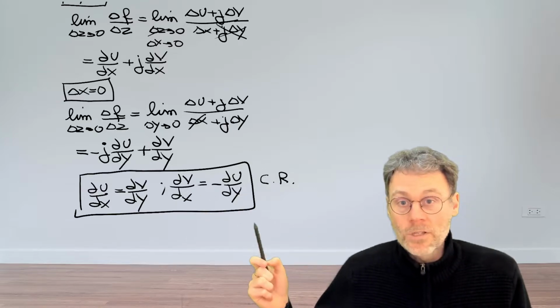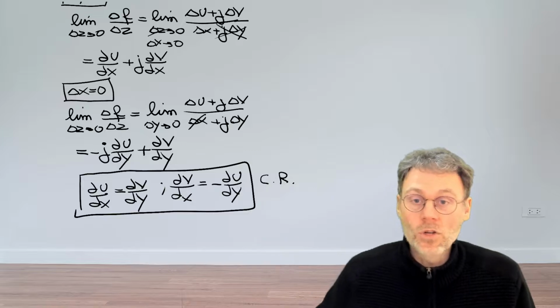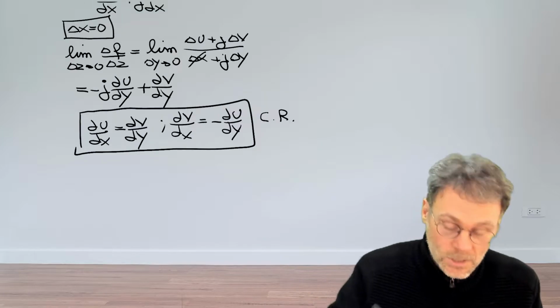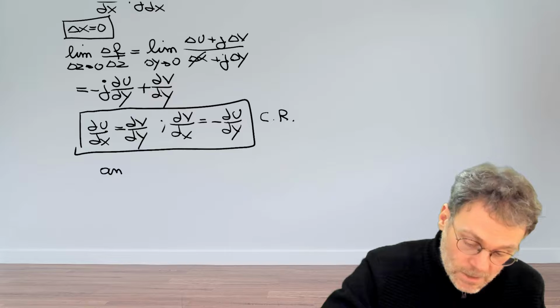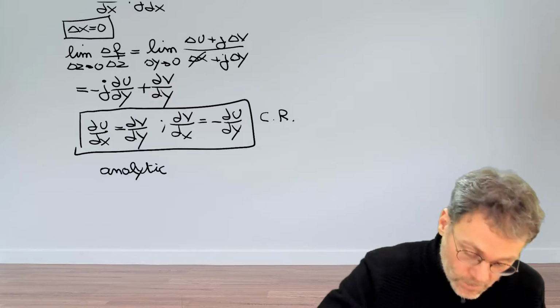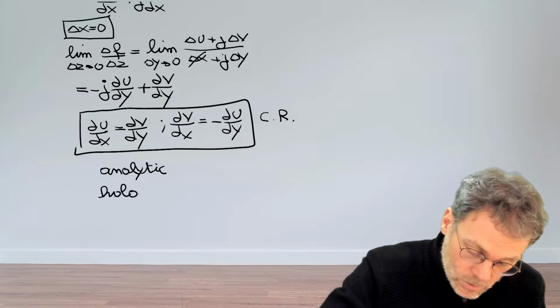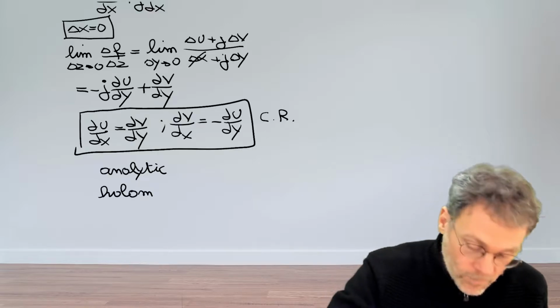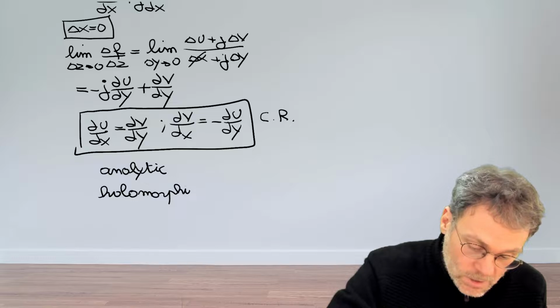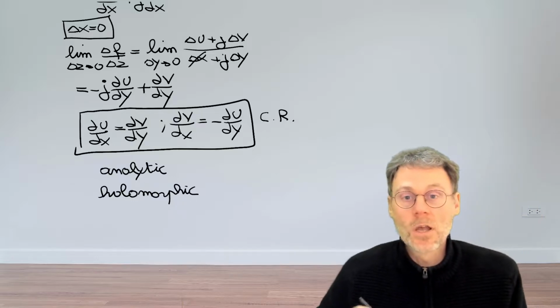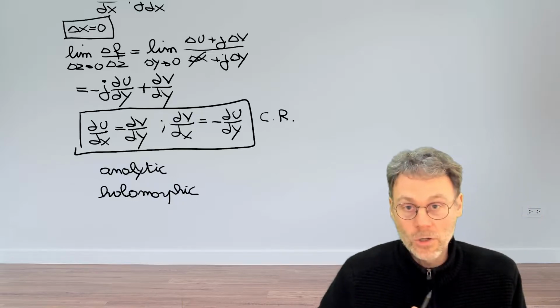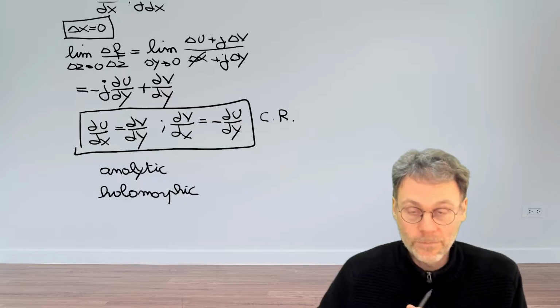A different way of saying that a function satisfies the Cauchy-Riemann conditions is saying that the function is analytic. Or you might also hear the term holomorphic being kicked around. So a holomorphic function or an analytic function is a function which satisfies the Cauchy-Riemann conditions, which guarantee that the function has a well-defined derivative.